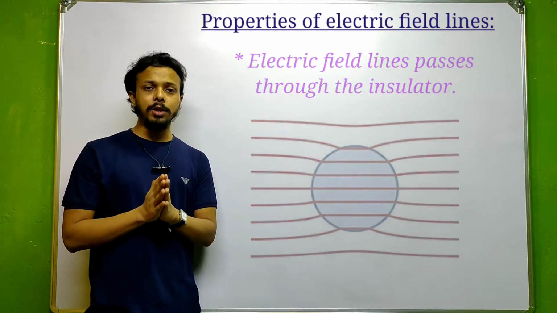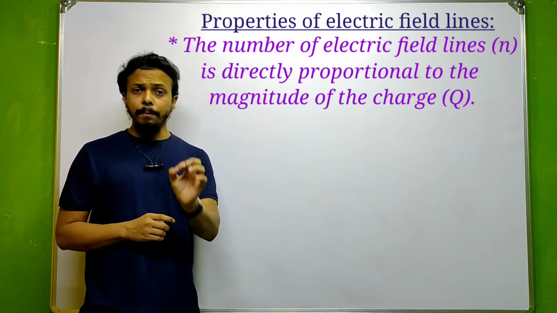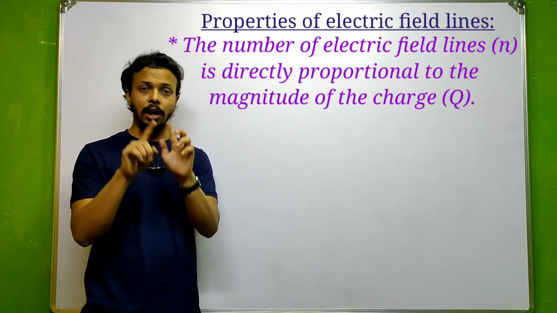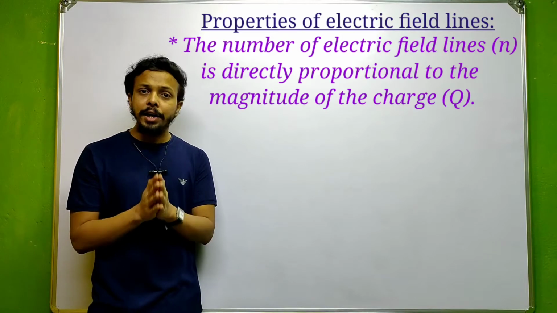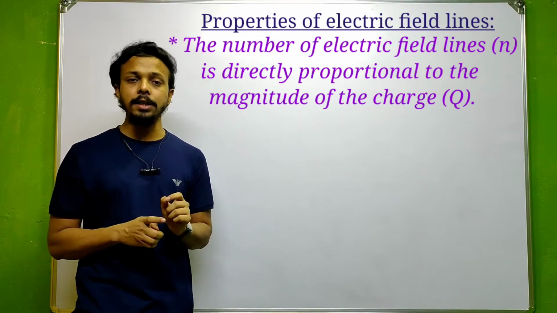And if you see other properties, the number of electric field lines around a charge is directly proportional to the magnitude of the charge. Yes, this is also an important property of electric field lines.